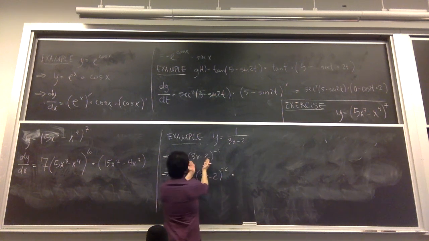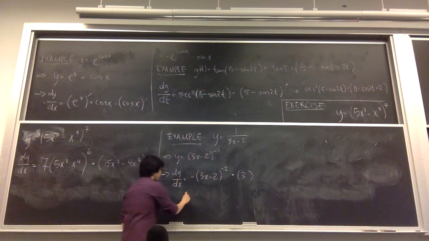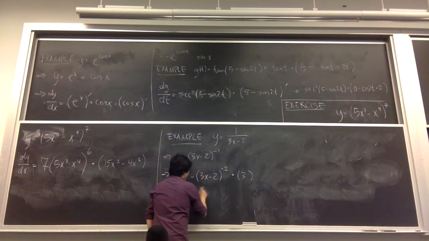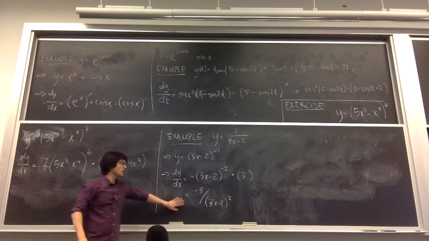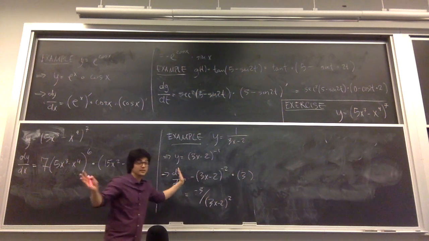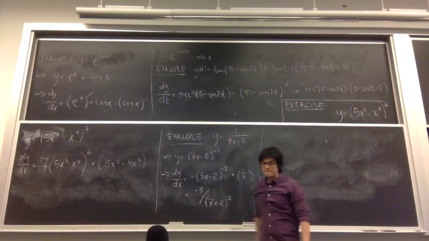Then I multiply by the derivative inside, which is 3. I'll write this as minus 3 over 3x minus 2, squared. I usually try to remove negative exponents in my final answer, but it won't make any difference.